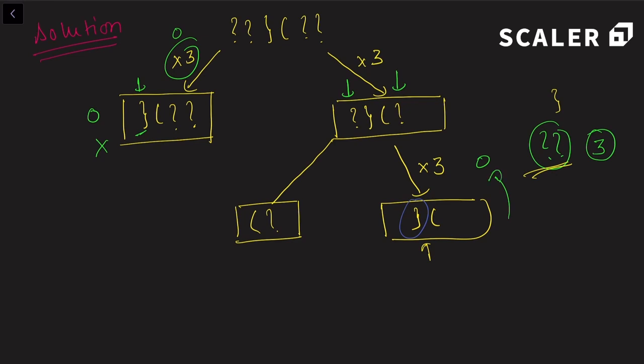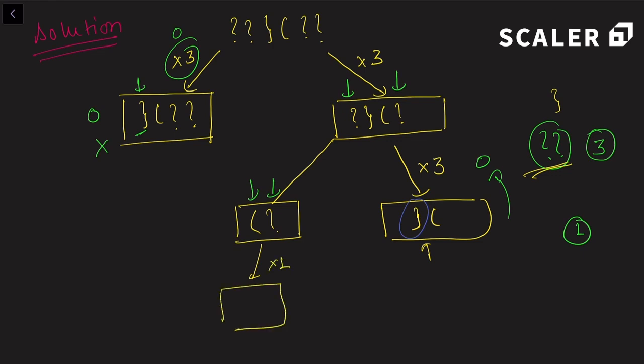Now we have one substring left here. For this substring, I'll choose this as my starting bracket, the opening bracket. Then I have this choice as my closing bracket, and this closing bracket is a question mark, but here our opening bracket is not a question mark, right? It's a fixed bracket. So my closing bracket can be made by just one choice. So I'll multiply by 1 and say that this is my closing bracket.